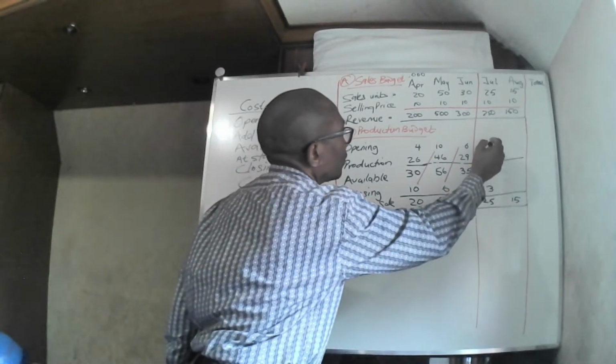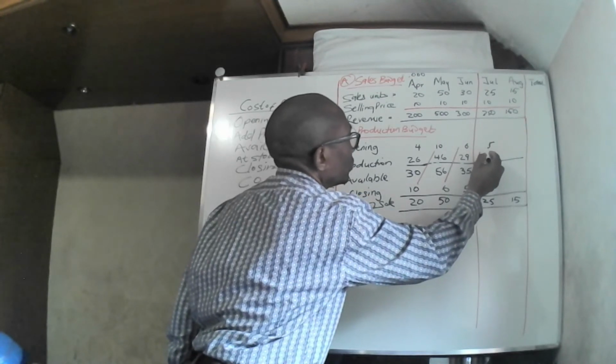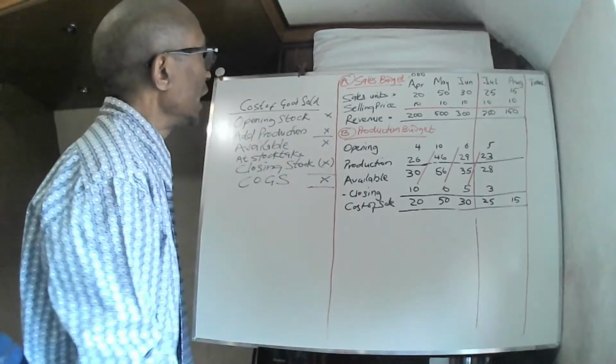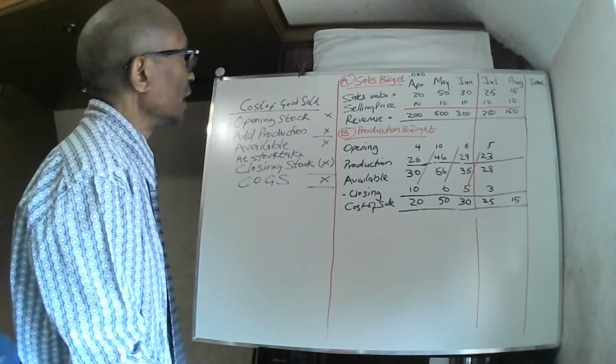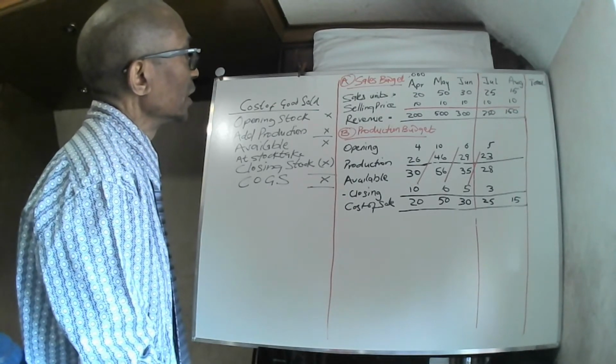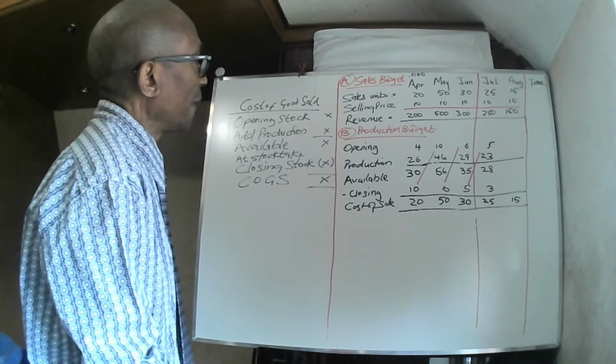And 28 minus 5 is 23 produced. This is my production budget completed. No gap so far. Okay.